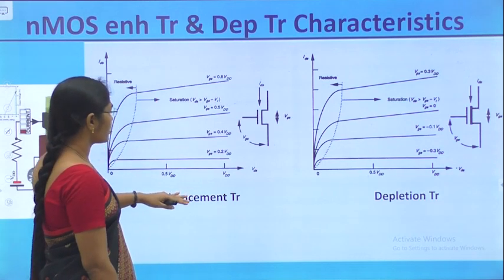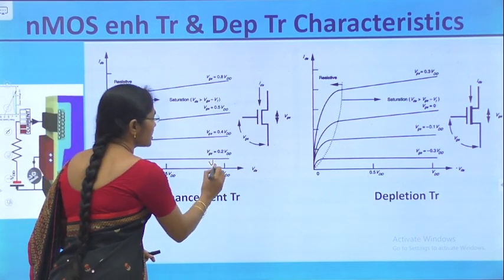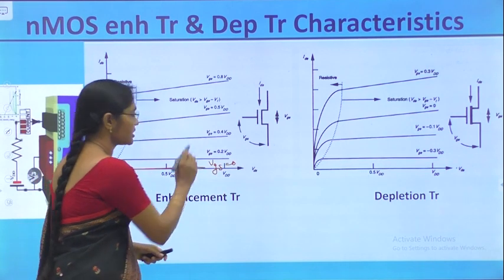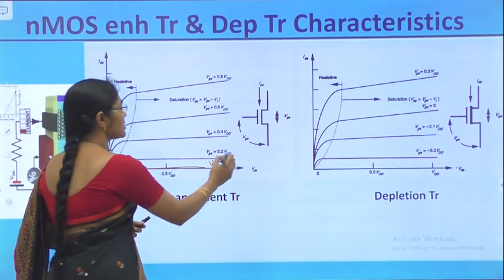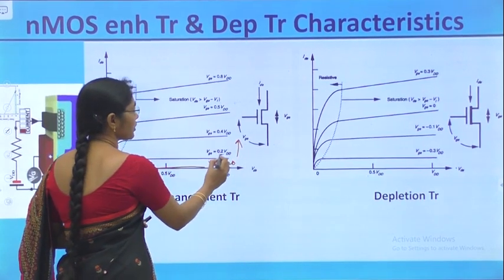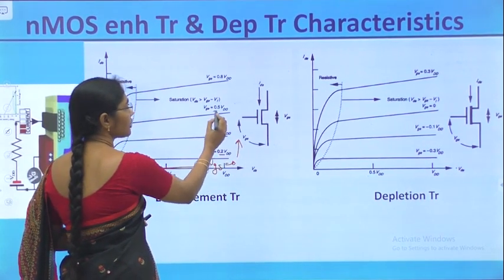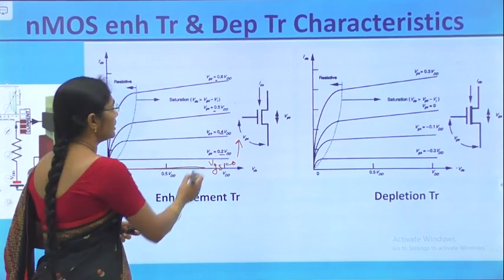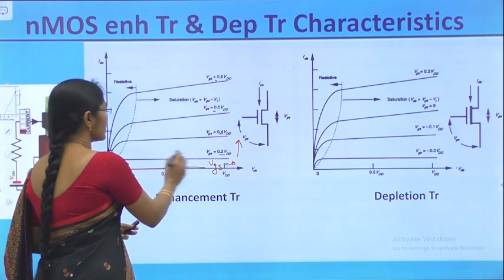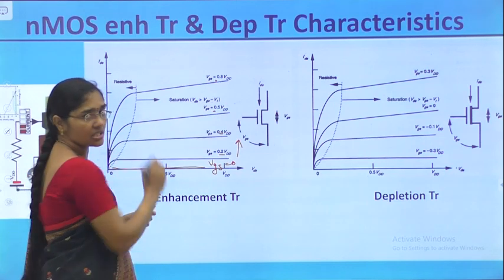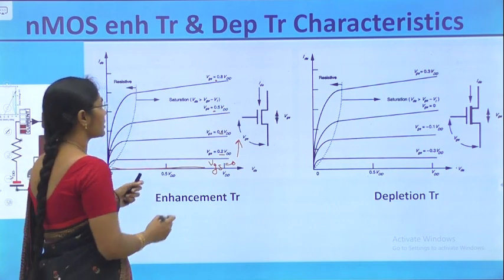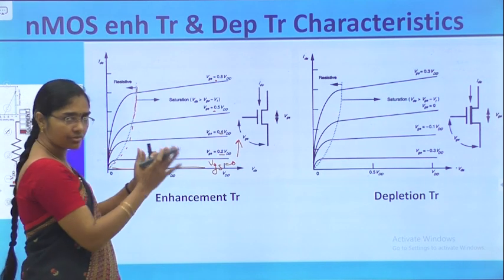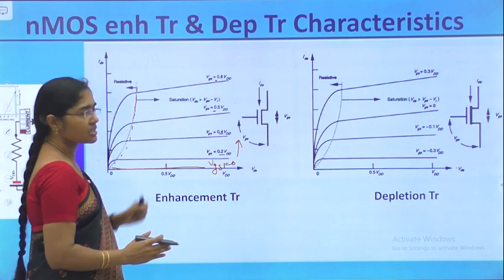For the enhancement mode transistor, when VGS is equal to 0, there is no current, that is the cutoff region, which is represented here. Then VGS increases: 0.2 VDD, 0.4 VDD, 0.5 VDD, 0.8 VDD, where VDD is the power supply. By increasing VGS, the current magnitude increases, and here this represents the boundary between the non-saturation and saturation regions.